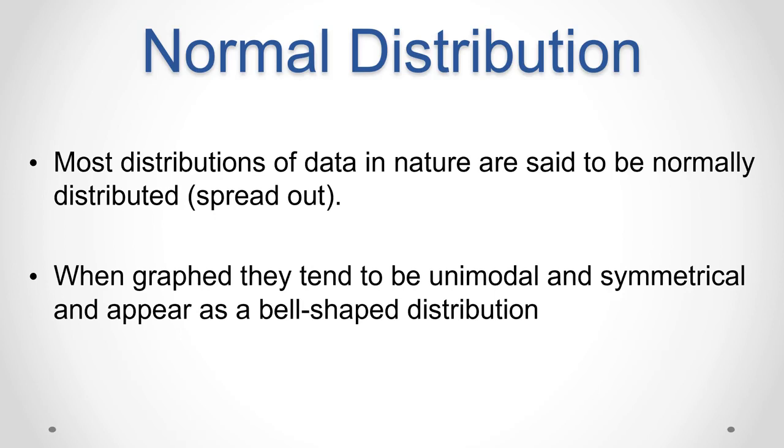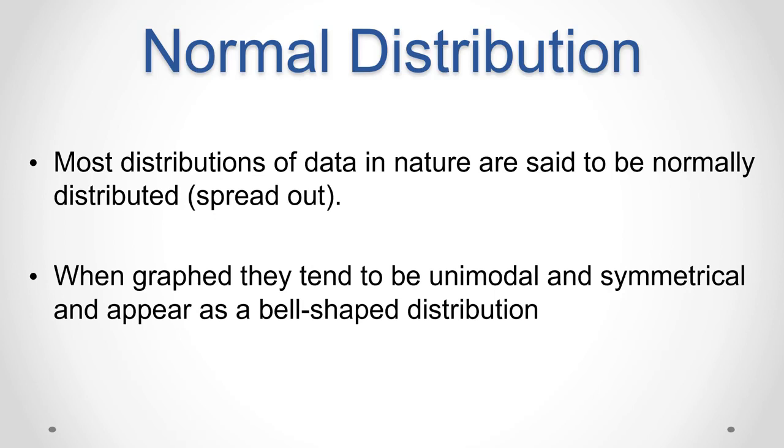The most common type of distribution is called a normal distribution, which creates a normal curve, or what is often referred to as the bell-shaped curve because it looks like a bell.